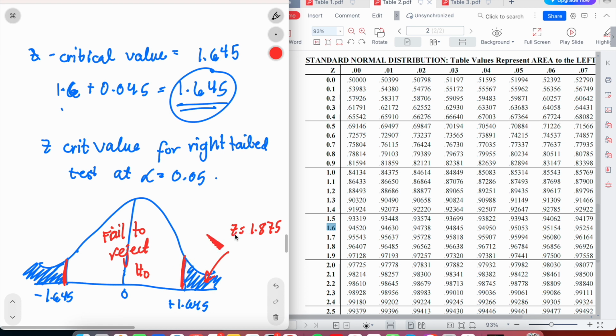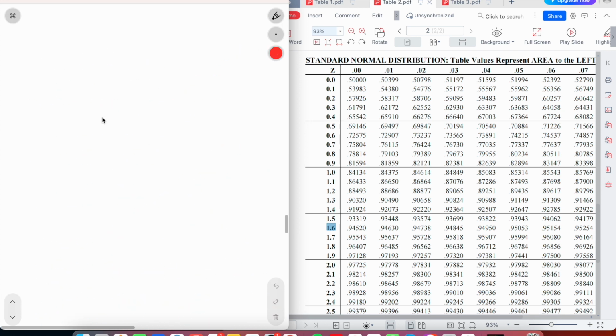So how do we actually formulate this one? We can say that therefore the null hypothesis is rejected. Rejected since what?